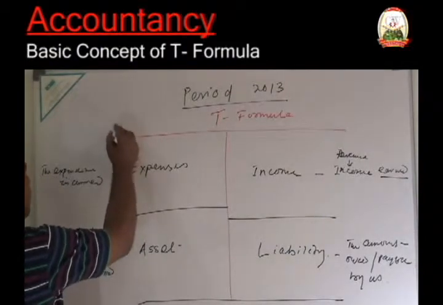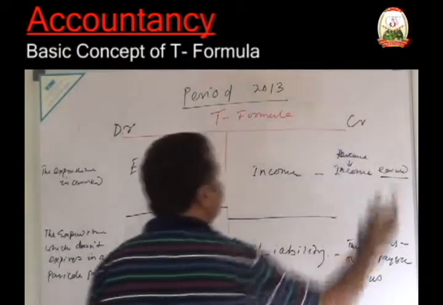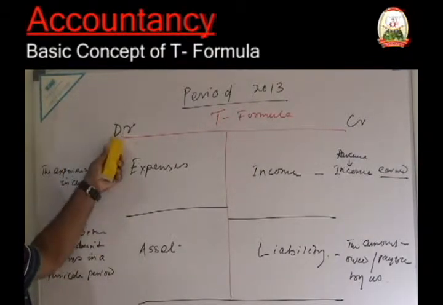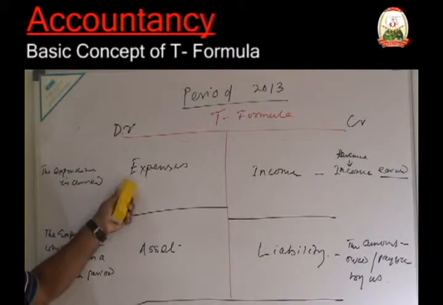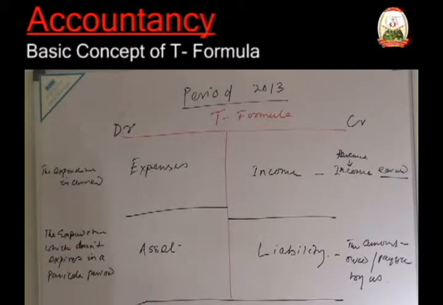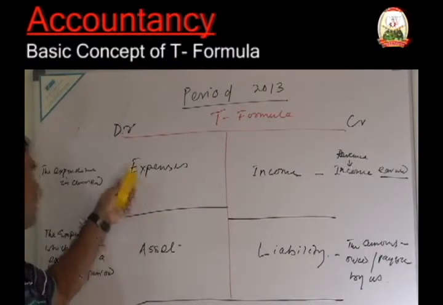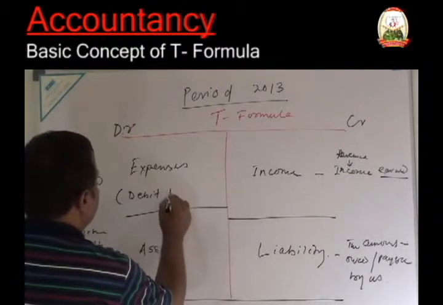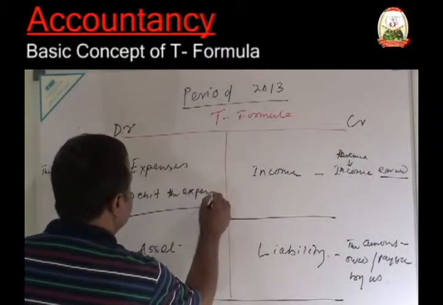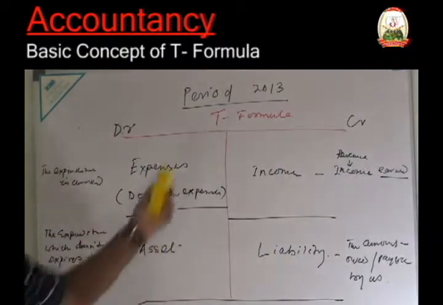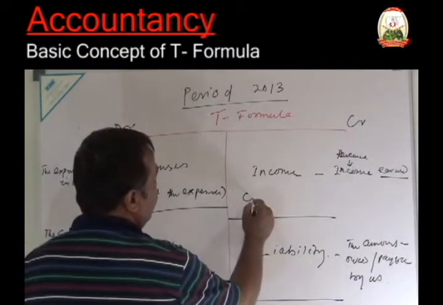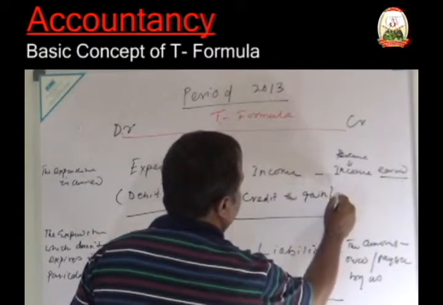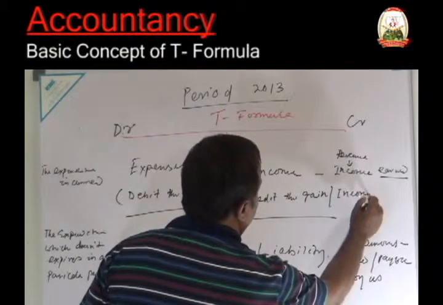Now here we put debit, here we put credit. In this case, what happened? The expenses are always debited. That means we have to debit the expenses. Credit, here the credit is gain or income.